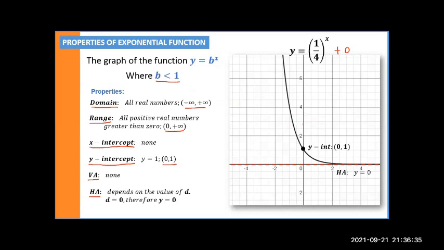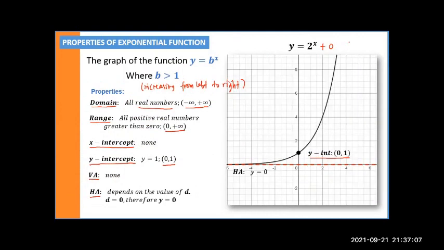So kung mapapansin natin, parehas lang sila ng naunang graph ng properties, pero pagdating sa behavior na baliktad. Ito ngayon ay magiging decreasing from left to right. So yun lang yun na naging kaibahan nila, yung behavior ng graph. So pag greater than 1 yung base, so balikan natin.